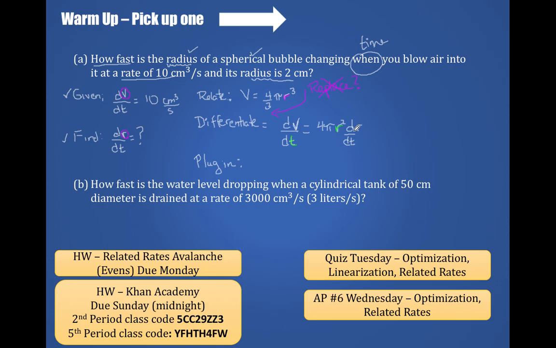What am I trying to find? Right, you're trying to find dr/dt. So I'm going to plug in 10 for the rate of change of volume with respect to time, when the radius is 2, and I'm solving for dr/dt.